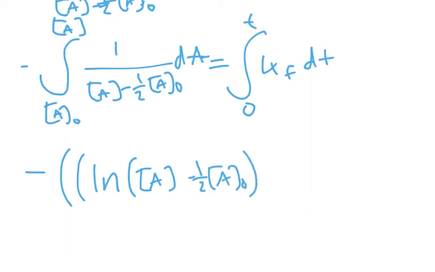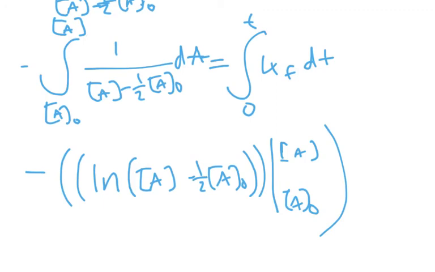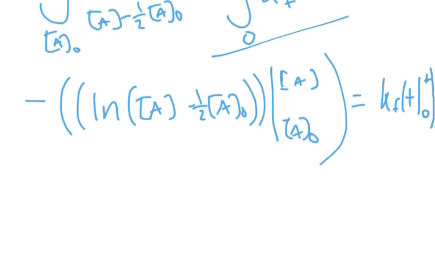And this is all evaluated from A0 to A. And this is all equal to, well, we have to solve for that integral. And the integral of a constant is just the constant times a variable. So it would be Kf times t, but the t is evaluated from 0 to t.